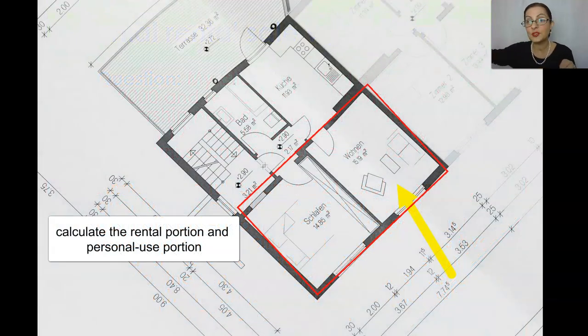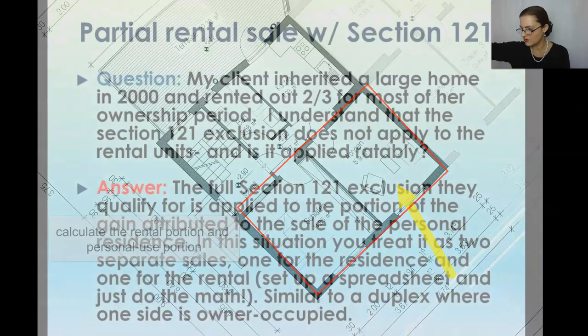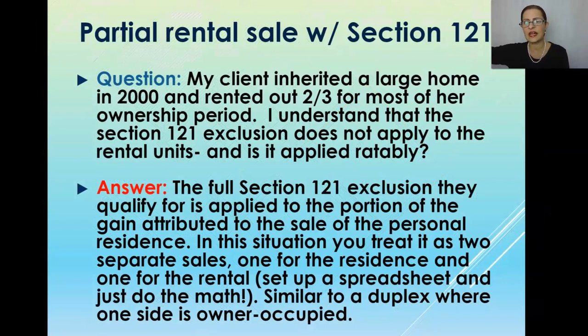Find out exactly what the square footage of the house is versus the portion that was rented. And it is a lot easier, to be honest, if it's just a duplex, because you know that full half, you can get it down to the exact square footage that the rental property portion is. So that's a lot easier.